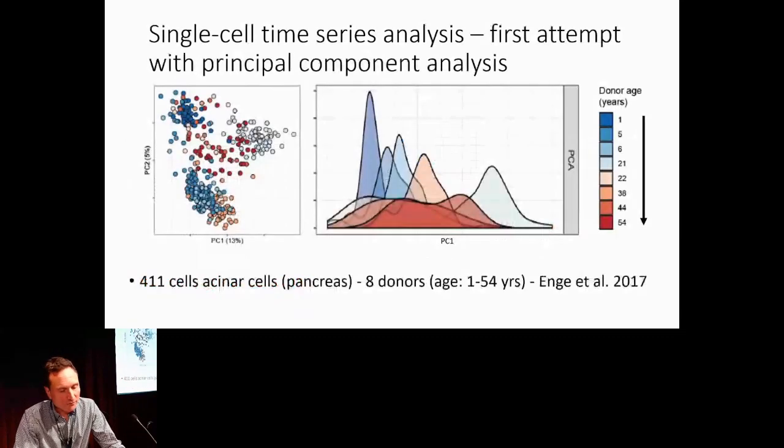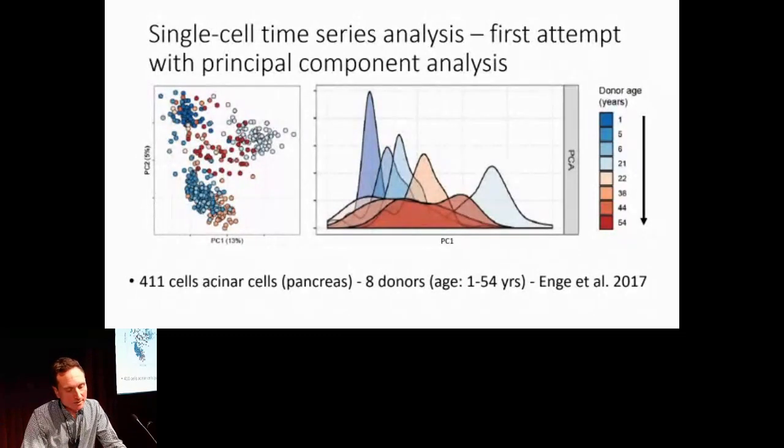And one of the first data sets that has been generated with this time series setup was a data set from the Quake lab. And in these early days, I think still done with a Fluidigm C1 chip, covering 411 acinar cells from the pancreas, from 8 different donors that had different ages, from 1 to 55 years.